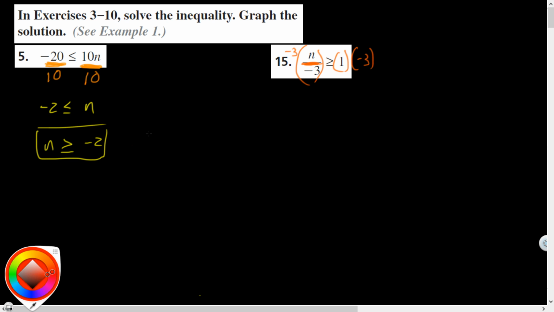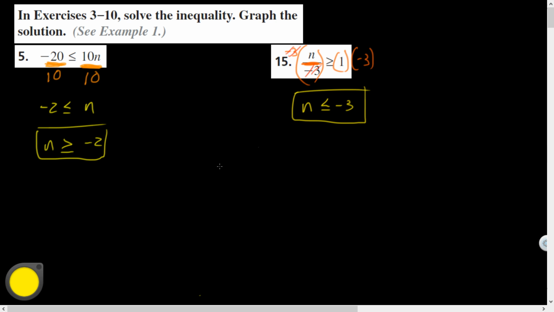Those minus signs would cancel, friends. Those 3's would cancel. And I've got n is, oh, wait a minute, I multiplied by a negative. Flip that inequality. There we go. n is less than or equal to negative 3.